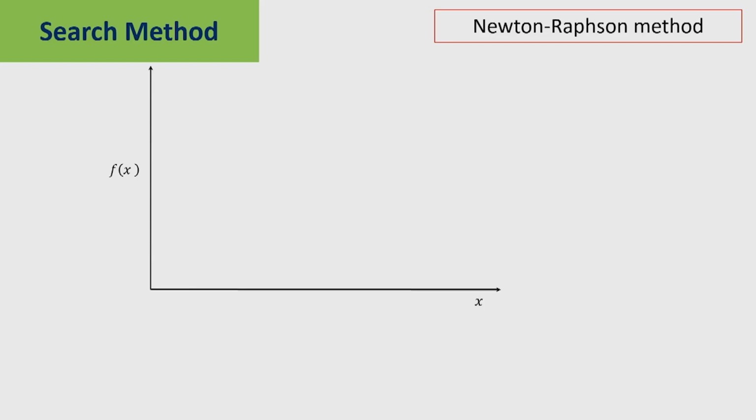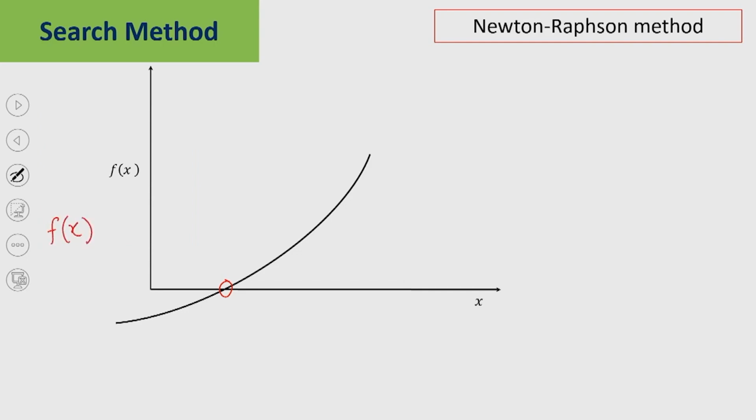This method is used to find the root or roots of a function, that is, f of x equal to 0. I have to find the value of x that is the root of this particular function, so I can apply the Newton-Raphson method.